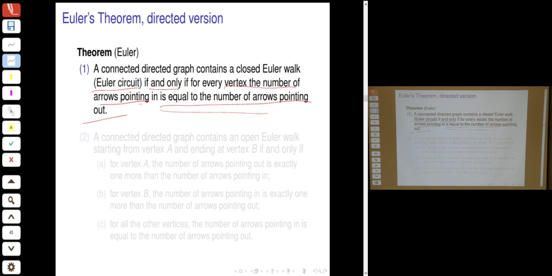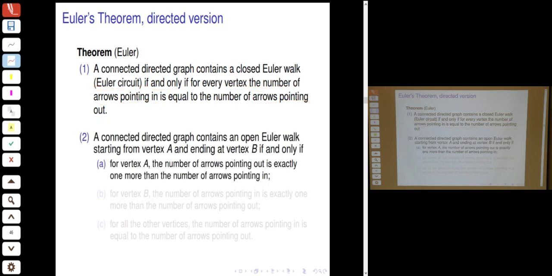Okay? It turns out that this is exactly the condition for a connected directed graph to contain an Euler circuit, which is that for every vertex the number of arrows pointing in is equal to the number of arrows pointing out.